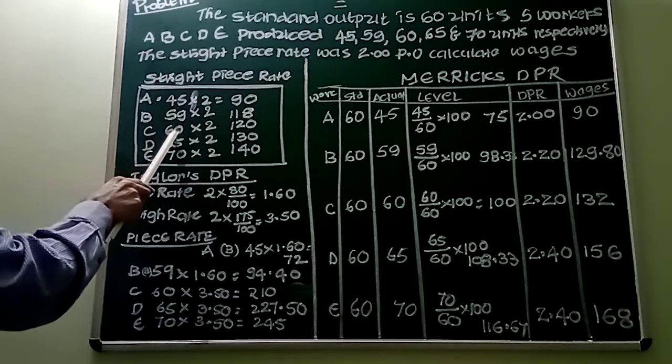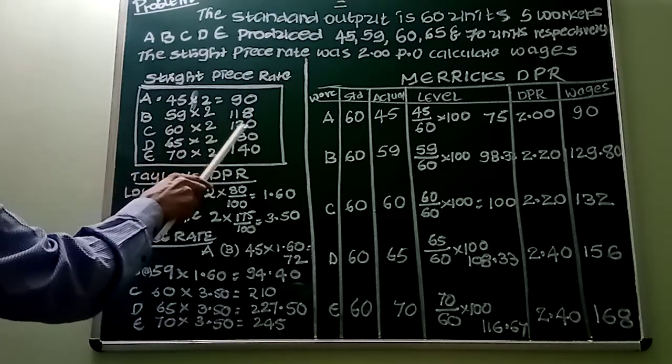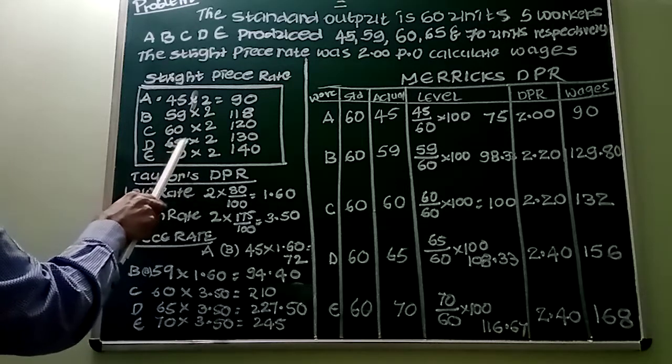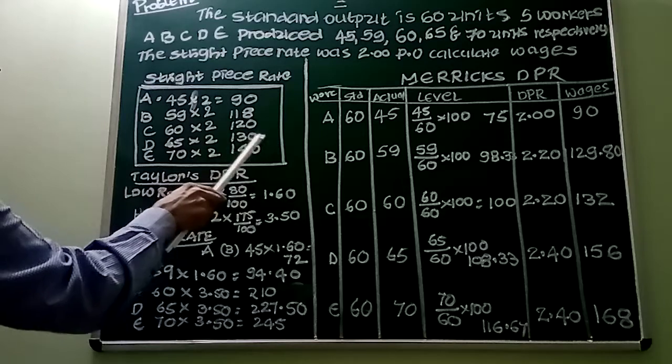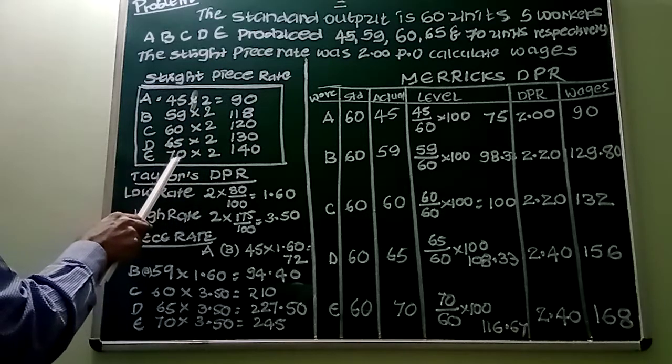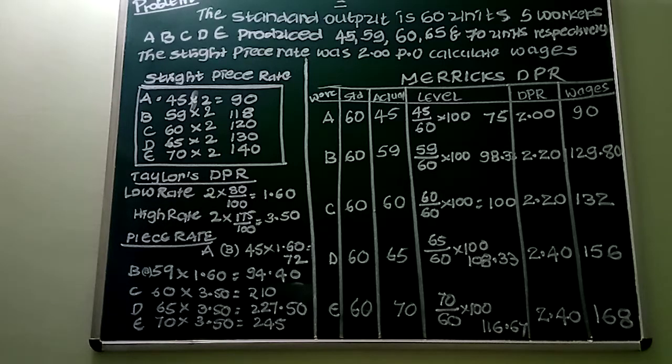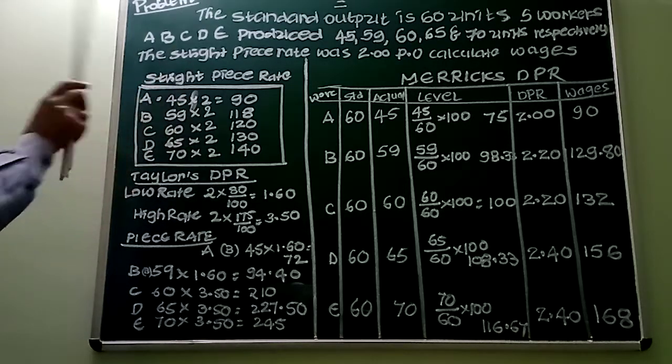C is equal to 60 into 2 is equal to 120. D is equal to 65 into 2 is equal to 130. E is equal to 70 into 2 is equal to 140. So these are the calculation of the wages under the first method, straight piece rate.